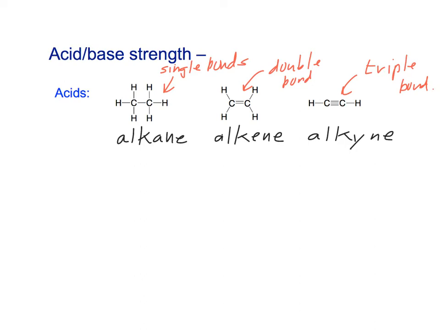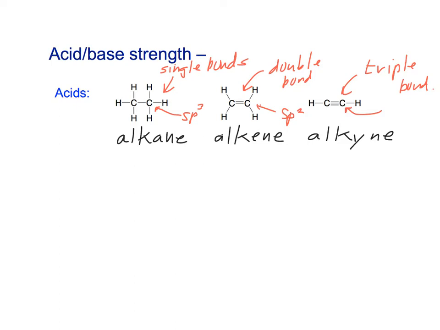Right, so if we have an alkane here, this carbon, or both carbons, would be sp3 hybridized, because there has to be 4 zones of electron density around that carbon. What about the alkene? It has 1 pi bond, so this is sp2 hybridized.